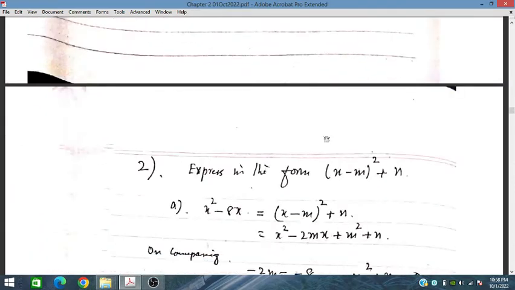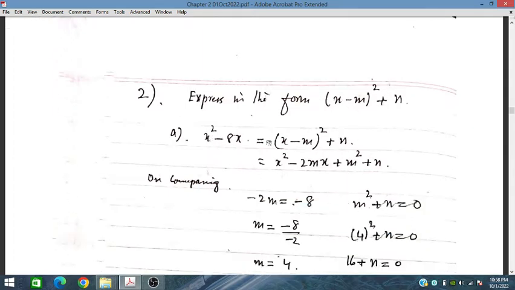This is 1f. For problem number 2, express this in this form. So we have this and we have to write it in this form. We have done it like this, x minus m square plus n. This can be written like this, comparing coefficients.